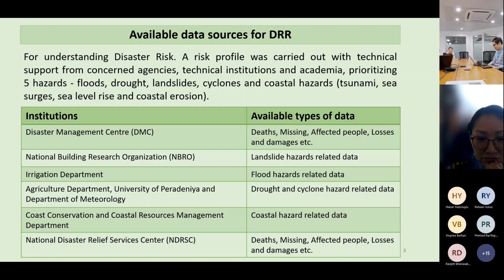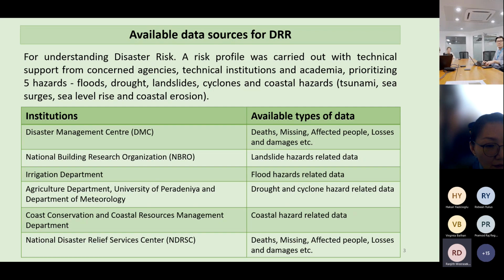From the Disaster Management Center, we can collect data on death, missing, affected people, loss and damage data, etc. From the National Building Research Organization, NBRO, we can collect landslide hazard related data. The Department of Irrigation collects flood hazard related data.